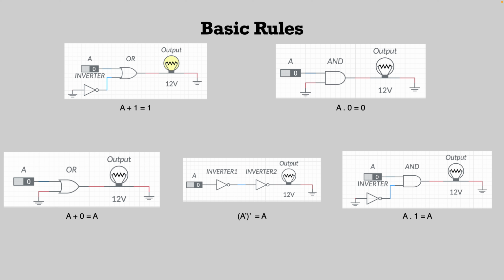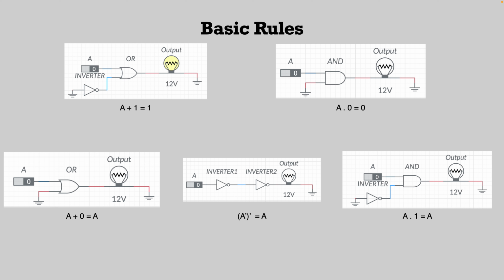Now in the bottom row at the left, we have A OR 0. In that case, the output is going to depend on what A is, because the other input is always 0. In the middle, we have A inverted twice, which is just going to be A again.